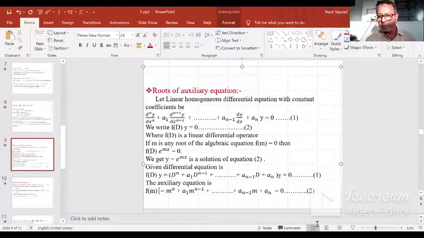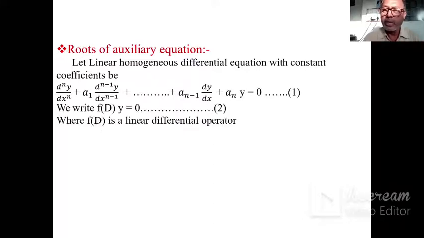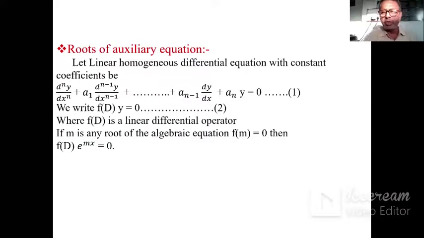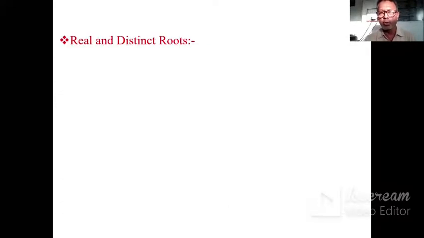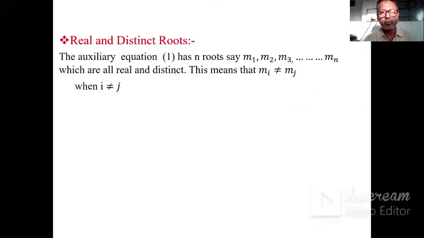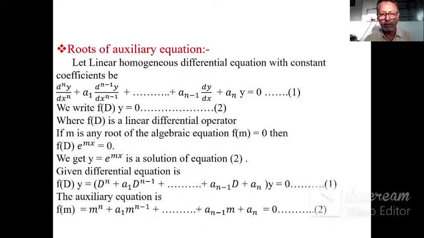This is our auxiliary equation: f(m) equals m to the power n plus a1 m to the power n minus 1 plus a2 m to the power n minus 2 plus ... a_(n-1) m plus a_n equals 0. This is equation 2, the auxiliary equation.